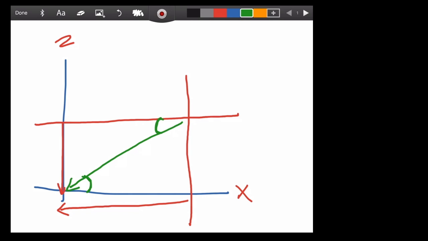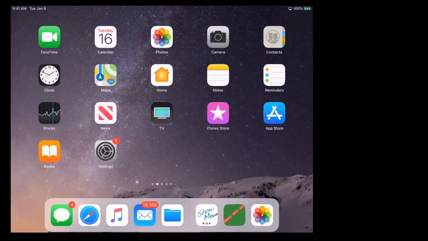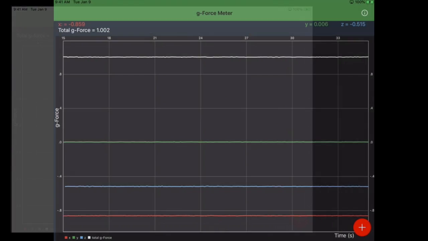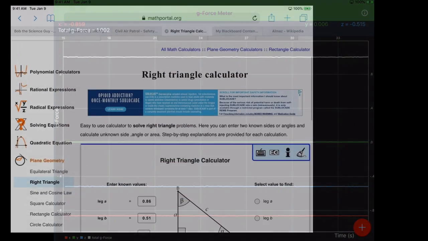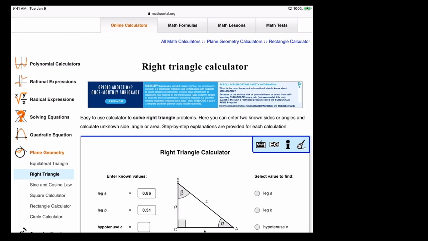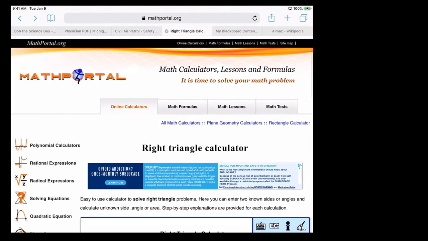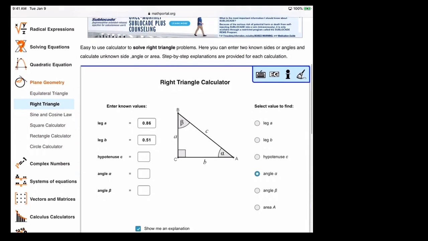Now let's go ahead and read off our numbers again. If we look at our numbers here, we see in the x-axis we have a negative 0.86, and in the z-axis we have a negative 0.52. So we'll take our numbers and put them in the right triangle calculator from Math Portal.